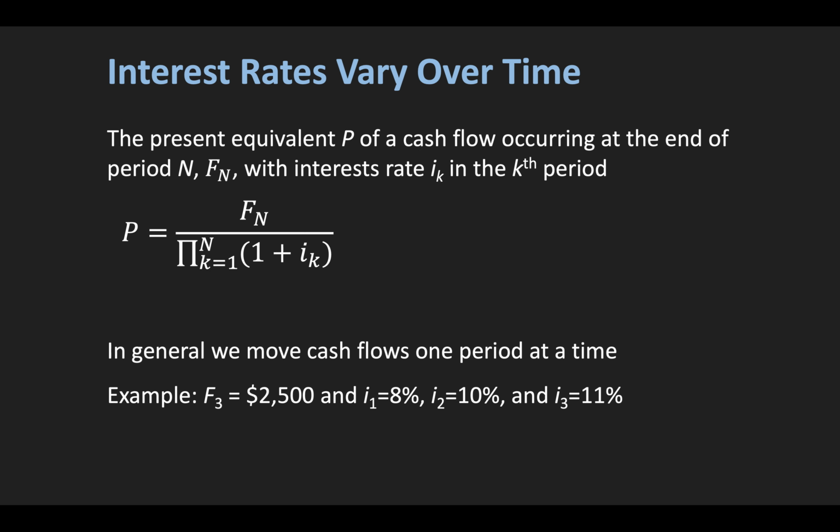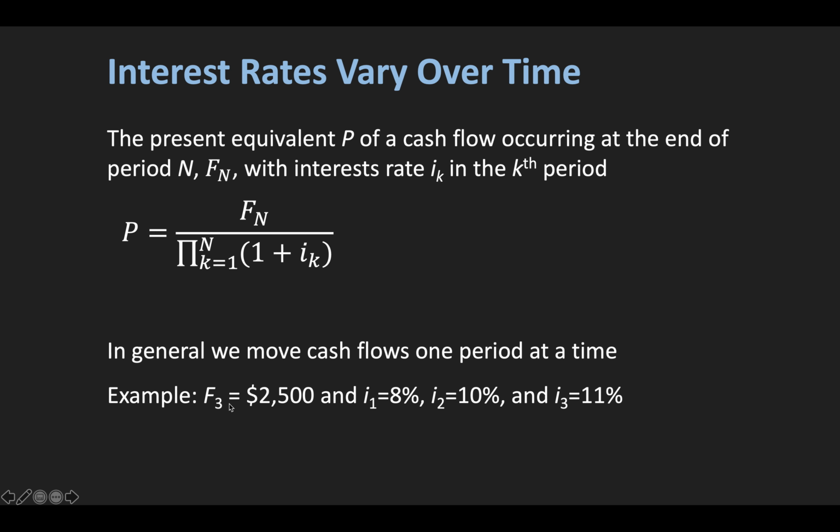The last one is interest rates that vary over time. This is the present equivalent P of a cash flow Fn occurring at the end of period N, with interest rate Ik in each period, and it's always changing. So in general, there's not a good way to do this. The only thing we can do is move the cash flow one period at a time.